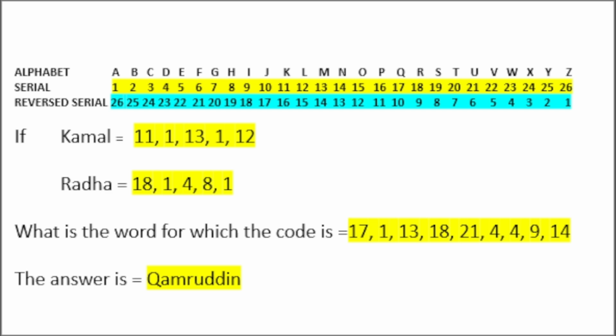So this is the way we decode the given code and find the word for which this code was assigned. This kind of process is known as decoding.